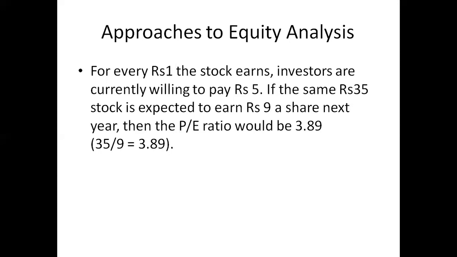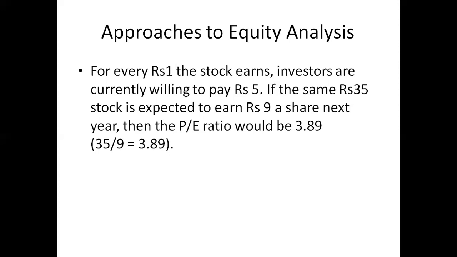This is the stock market calculation. That is, say the earnings is rupees 1, and the amount the secondary market is willing to pay is rupees 5. And what is the earnings per share? The same stock at rupees 35 is expected to earn rupees 9 a share the next year.